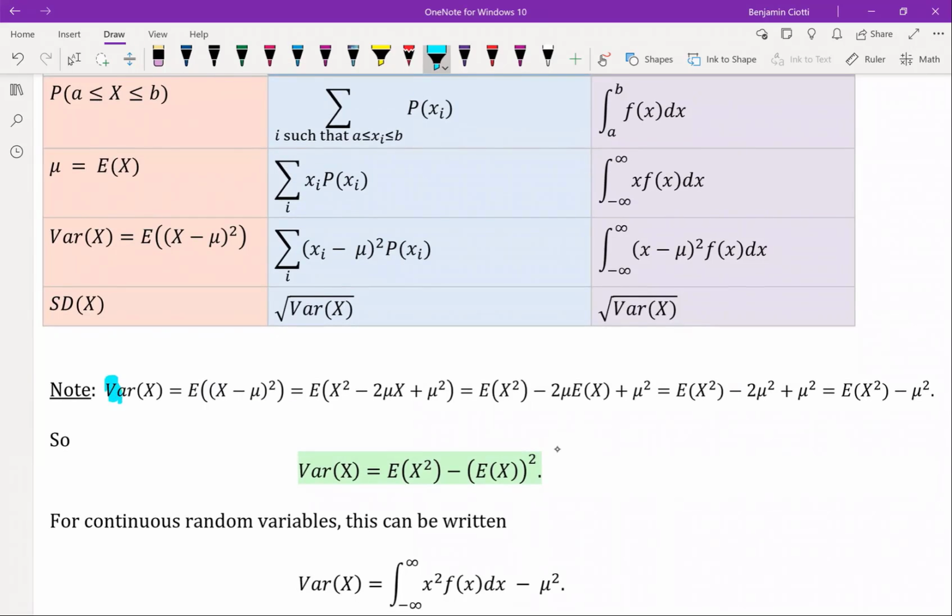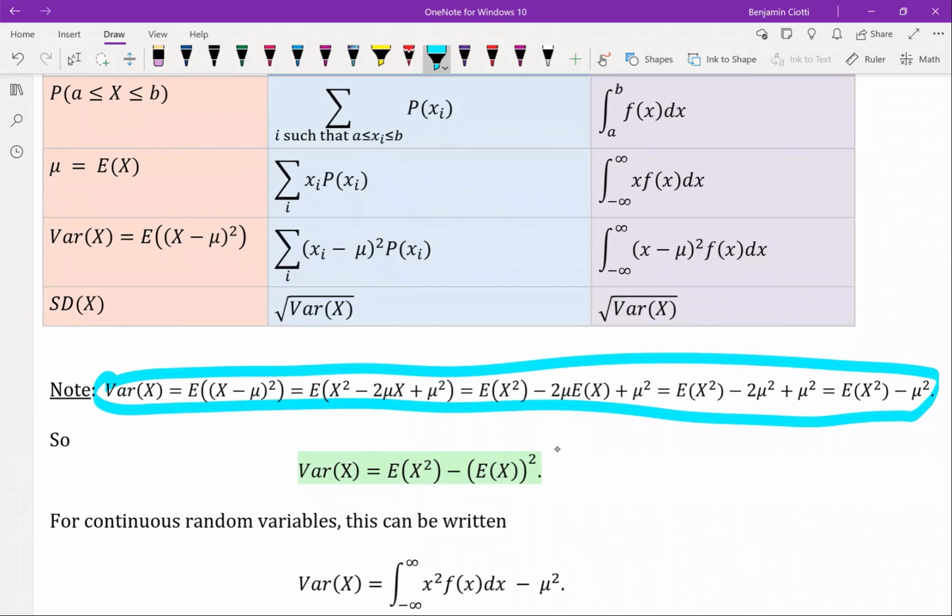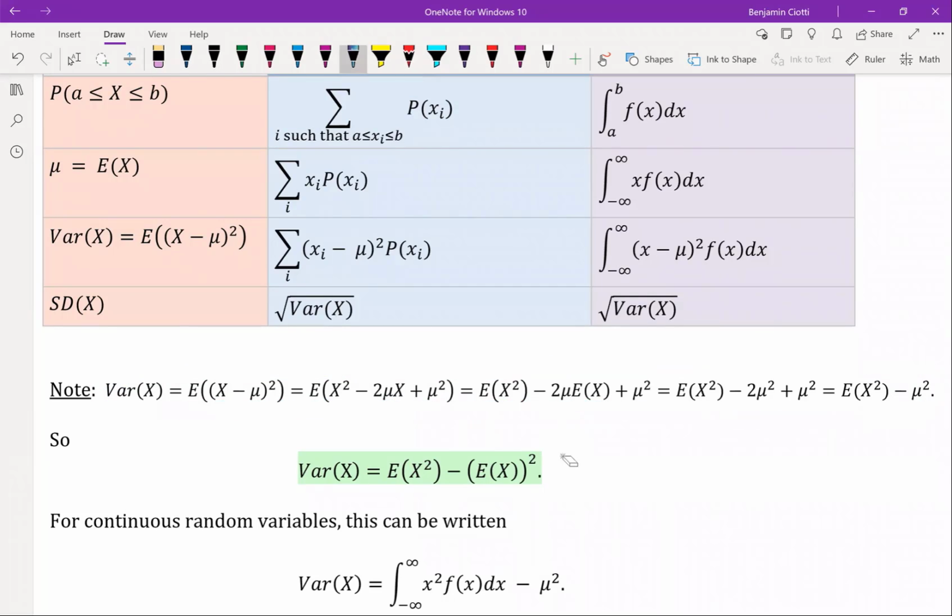There's another way to write the variance of a random variable, and actually this goes for any random variable, discrete or continuous. So check out this calculation. According to the formula, the variance is the expectation of the square of the difference between x and the mean mu.